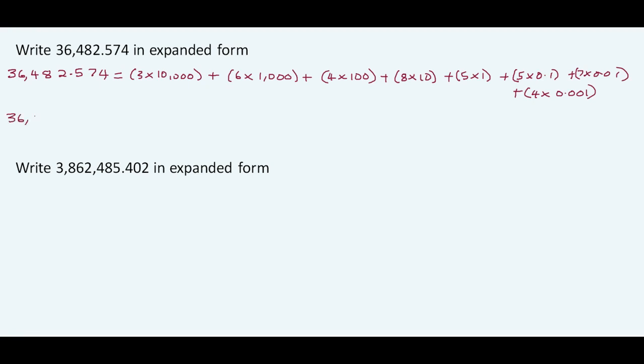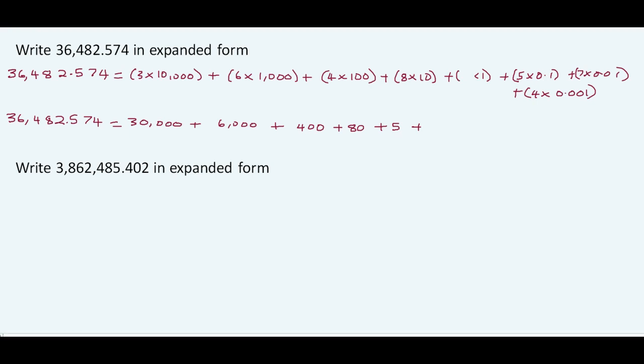So 36,482.574 is 30,000 plus 6,000 plus 400 plus 80 plus 5 plus, oh, that's an error.